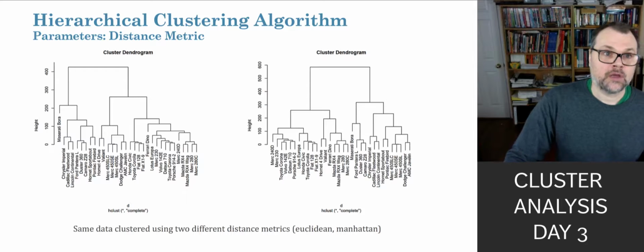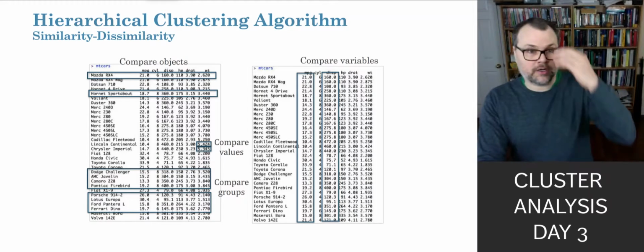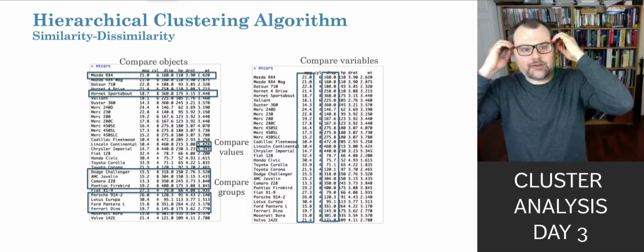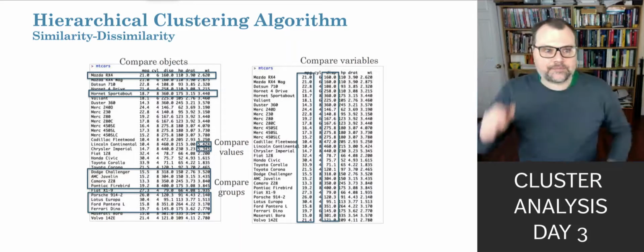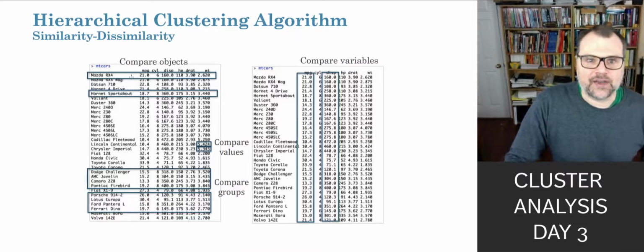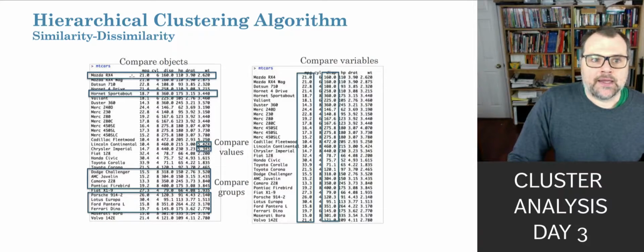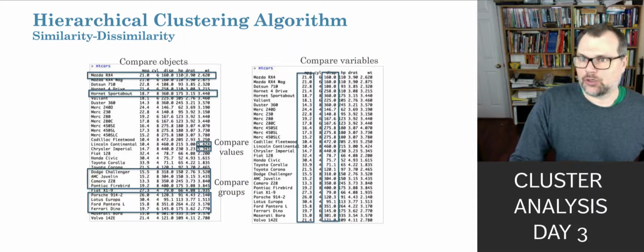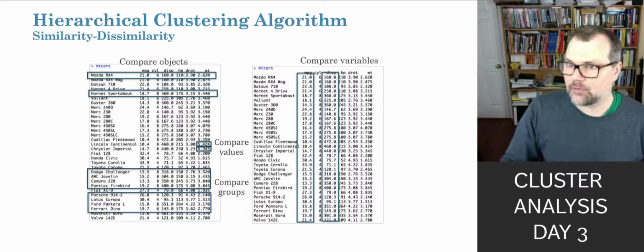I'll talk a little bit here about what we mean when we talk about similarity and dissimilarity. Look, we have these observations and they have features. So for each observation we have a signature, a profile, according to the measurements.